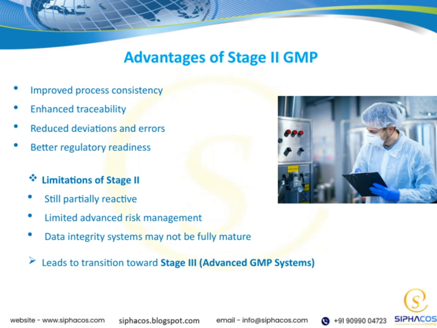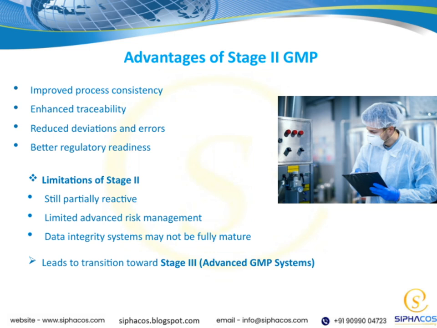Moreover, data integrity systems might not be fully mature yet, so ensuring complete accuracy and security of data can still be a challenge. These limitations highlight the need to transition towards Stage III, where we can implement more advanced GMP systems.